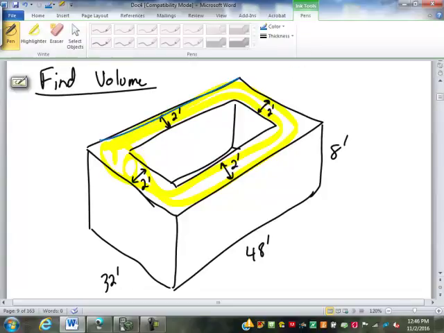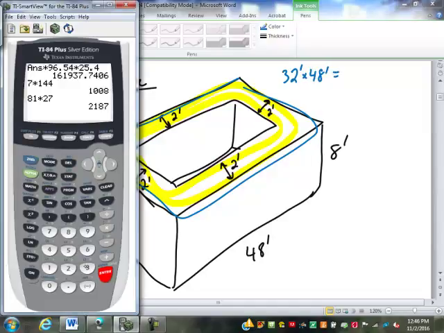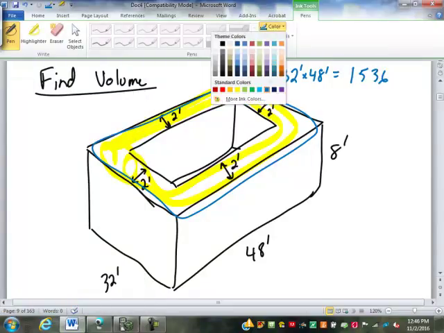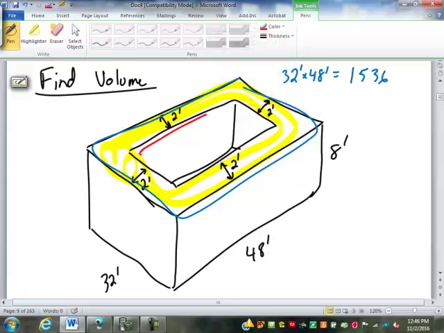I have the big rectangle, 32 by 48, which is going to be, yes, 1536. And then I have a small rectangle. 2 feet on each side would make this 28.